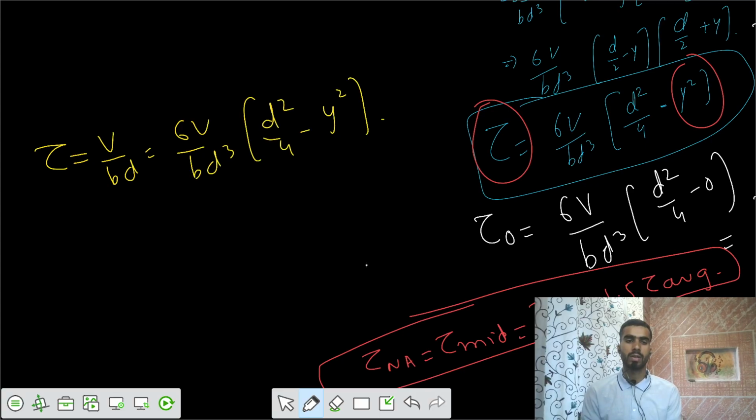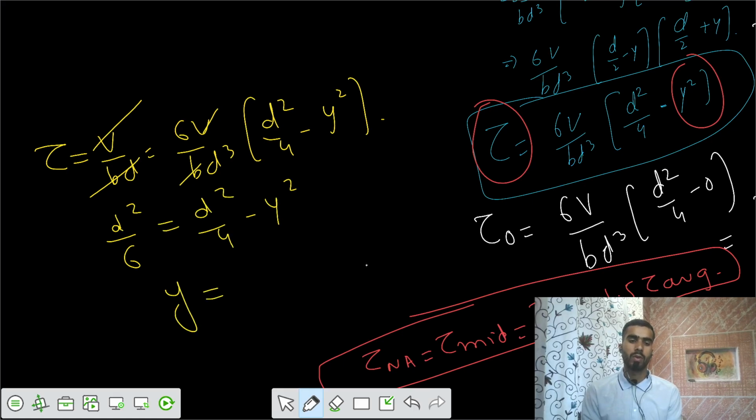So bd is gone, bd is gone. So we got this value of 1 by 6, and we got d square by 6 equals d square by 4 minus y square. So your value of y equals d by root 12 or d by 2 root 3.